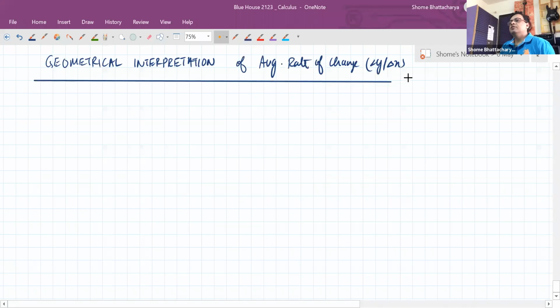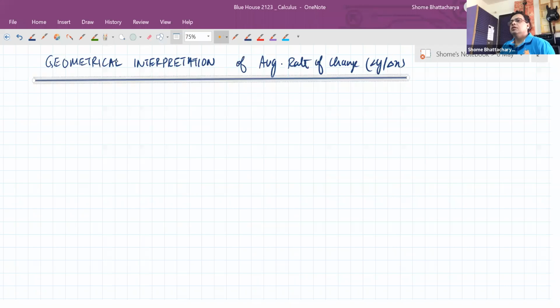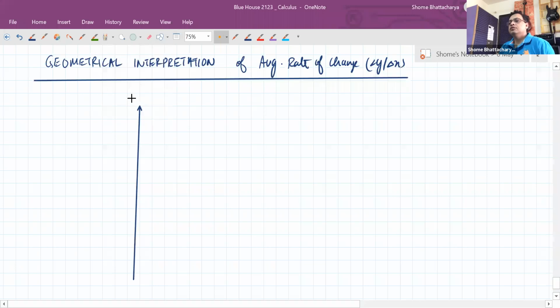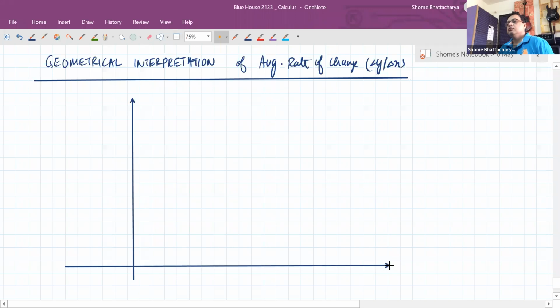If we have represented our function geometrically through a graph, then with respect to that graph, we want to interpret what the average rate of change is between 2 points x1 and x2. Let's say this curve in general represents the function y is equal to f of x, and let's say this point here is x1, and this point here is x2.